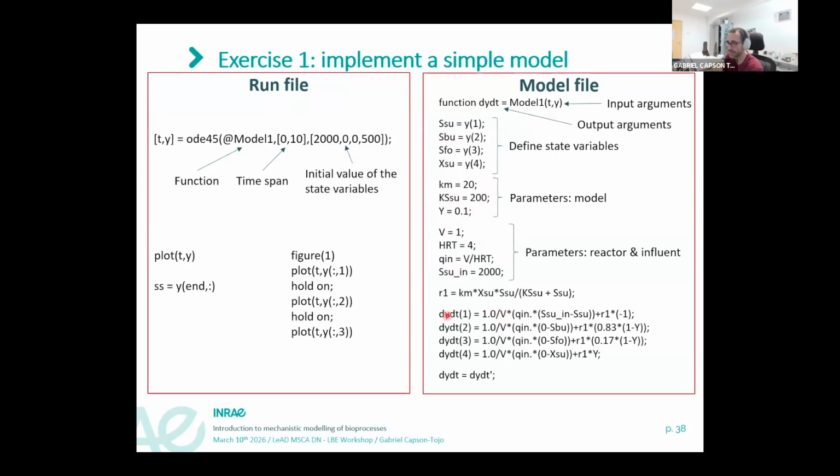So this is the intensive equation that I was saying at the beginning for each of these 4 variables. And what we need is the volume of the reactor, the influent flow rate, and this is very important, the initial concentrations. If you remember from the intensive equation that we defined at the beginning, what we need to define here is the concentration in the influent minus the concentration in the effluent.